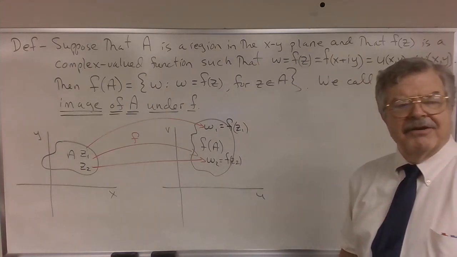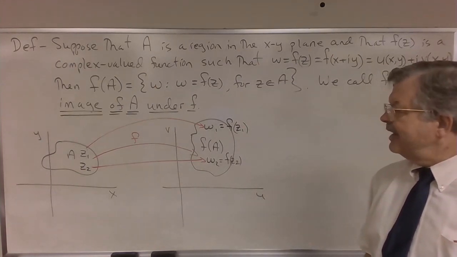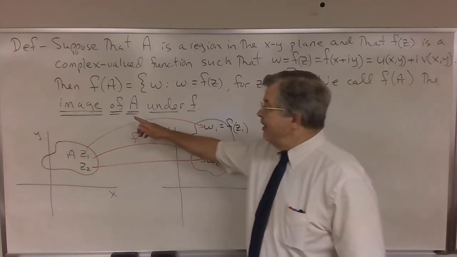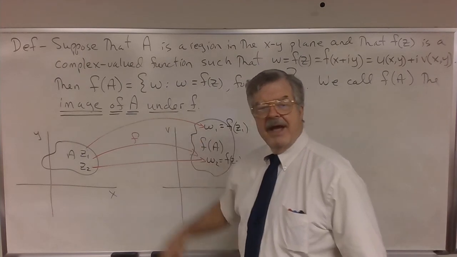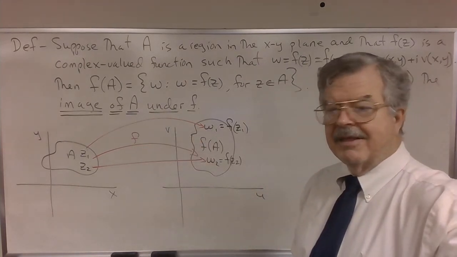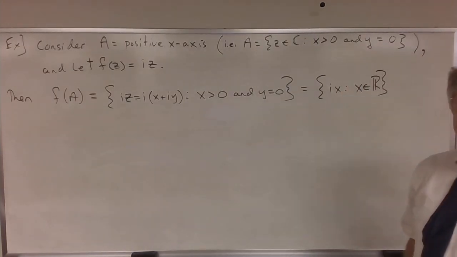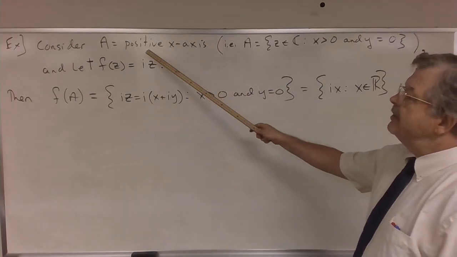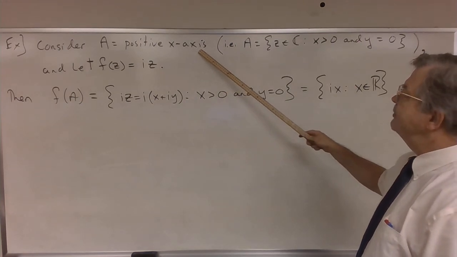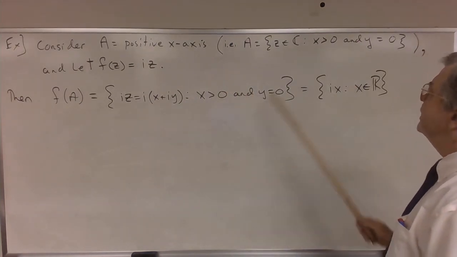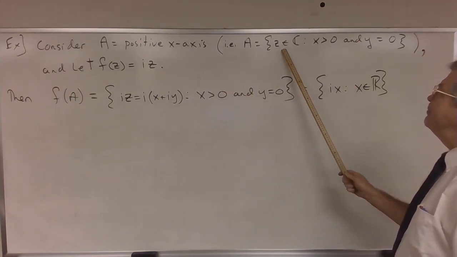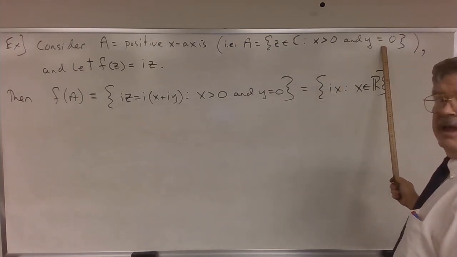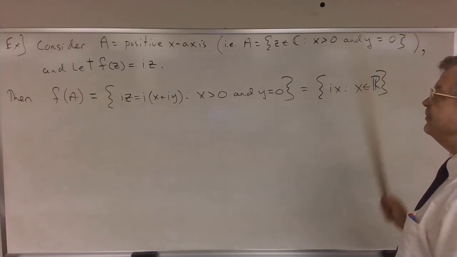Let's look at a few examples just to solidify our understanding of what the word image actually means. Okay, first example. Suppose that A is the positive x-axis. So A is the set of all complex numbers such that x is greater than 0 and y equals 0.